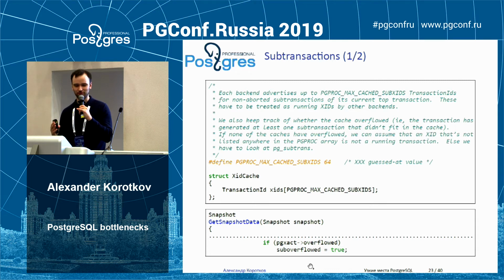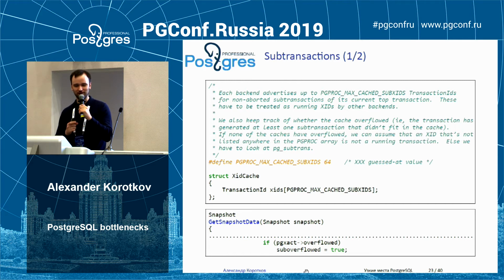So there is a structure in the shared memory that for every transaction allocates 64 IDs of subtransactions. When we fall within this limit, it's okay. But how does it work if we fall outside the limit? If we're outside the limit, there is a magic flag called overflowed, and it is set to true.